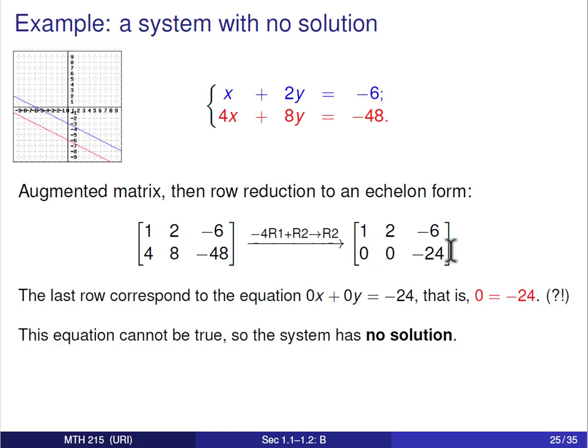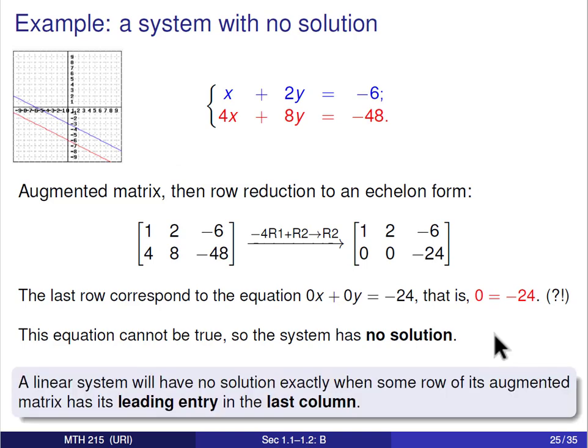Now, because there's no solution to this echelon form matrix, that means there should not be a solution to the original system. And that agrees with what we knew before. There's no solution. So what will happen in general is, once your matrix is in echelon form, if you see that some row has its leading entry in the last column, that means the left-hand side of your equation is 0 and the right-hand side is not 0.